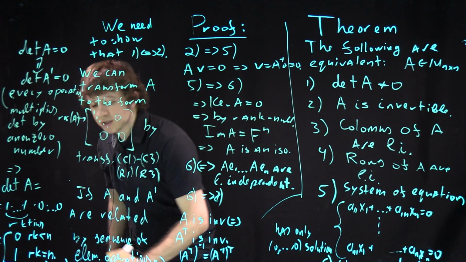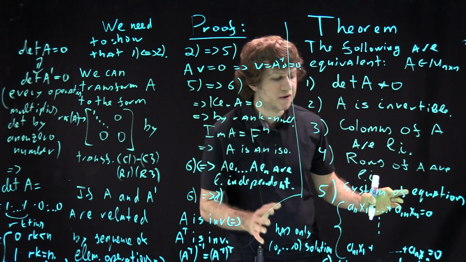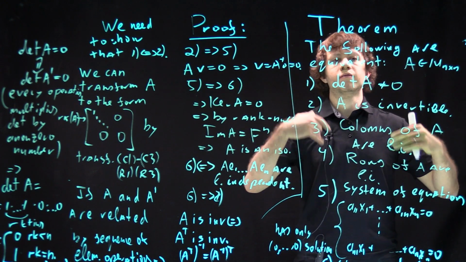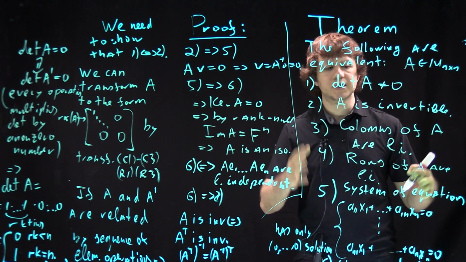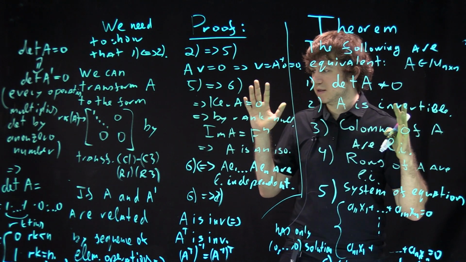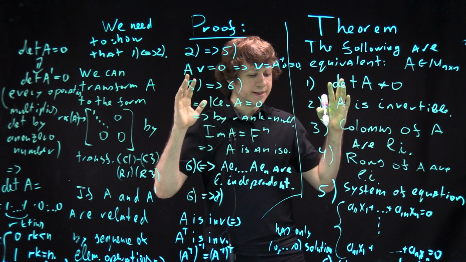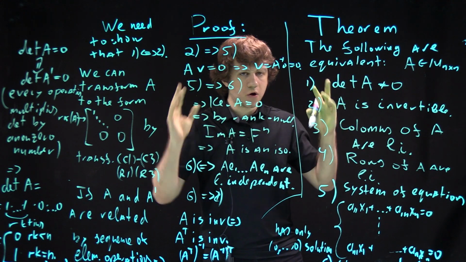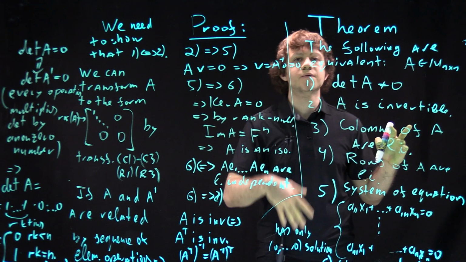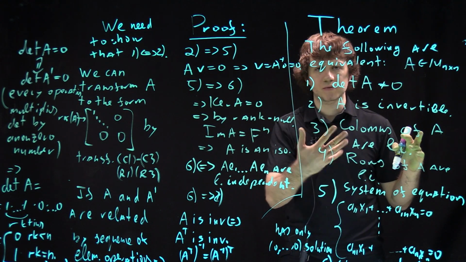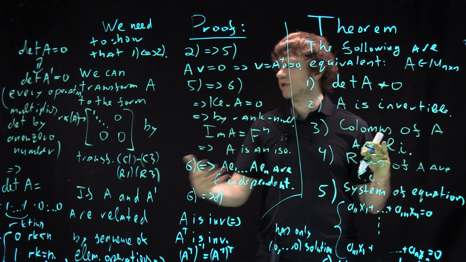And again, I'm using here every time this very fundamental fact that if you have a map from a space to itself, or a square matrix, then its kernel is equal to 0 if and only if its rank is equal to n, so the map is surjective.